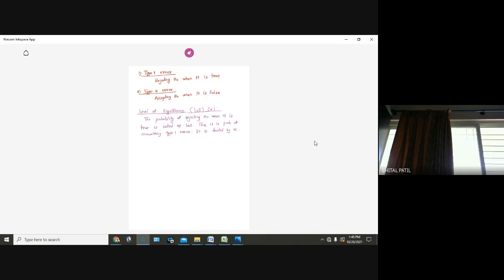Now, right. If we try to minimize the level of significance, that is the type 1 error, the probability of type 2 error increases.